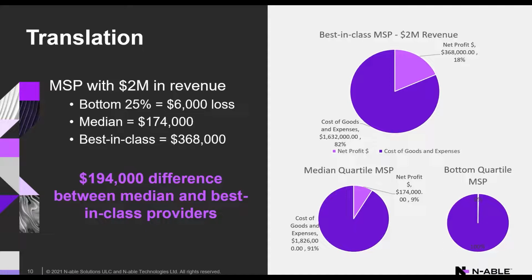When we look at net profit across our MSPs, we see our bottom quartile is averaging a $6,000 loss year over year. Our median two quartiles are seeing a net profit of roughly 175K. And then our best in class are at roughly 370K net profit, right?